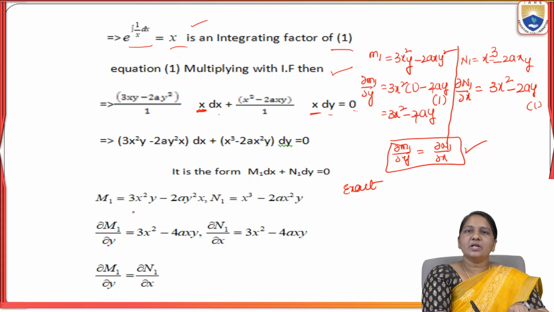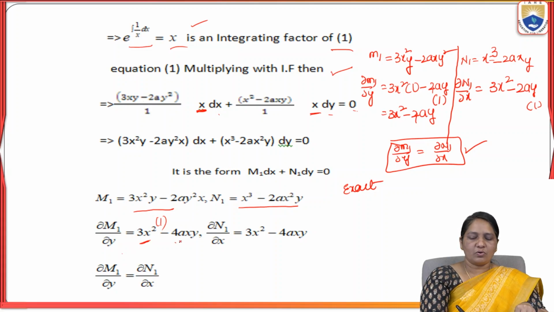So we can observe here the M1 value is 3x square y minus 2axy square and the N1 value is x cube minus 2ax square y. Dou M1 by dou y: here 3x square y derivative is 1, and 2a and x are both constants, so y square derivative is 2y.